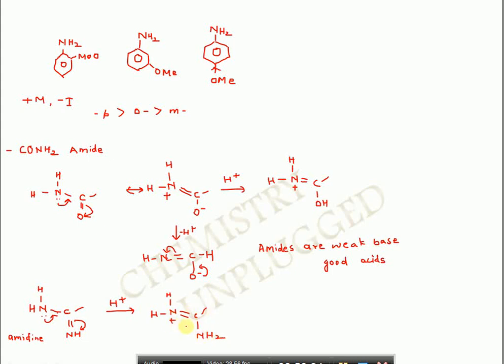The lone pair of electrons present on nitrogen can delocalize over the structure, means the conjugate acid form is stable in nature, means amidines are stronger bases as compared to amines, because their conjugate acid forms are stable in nature. So always find out what the conjugate acids and bases are, and then determine their stability. Then you will get the correct answer.